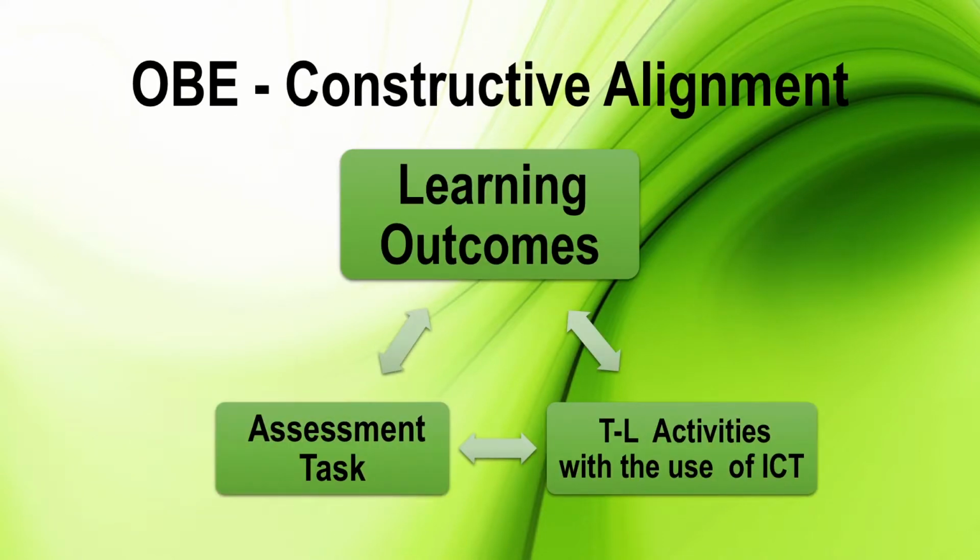Look at the diagram. The diagram shows that the starting point of the learning process is the clarification of learning outcomes. And the teaching learning activities, or in short, teaching methodology, is based on the learning outcomes.